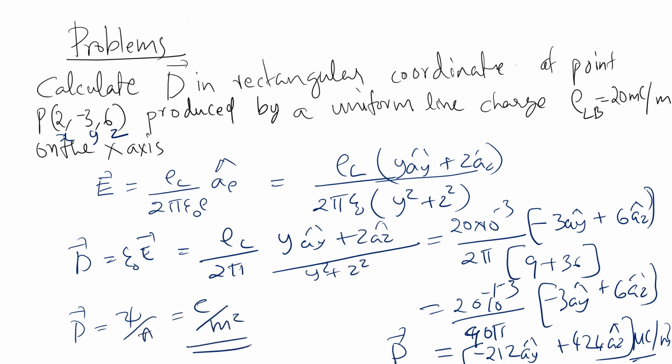So coulomb per meter square is the unit for D. So remember this. The method is just simple. You know the expression for E. So D is equal to epsilon 0 times E. So you can simplify and get the value. So that is how you have to calculate D. That's all for today's class. Thank you.